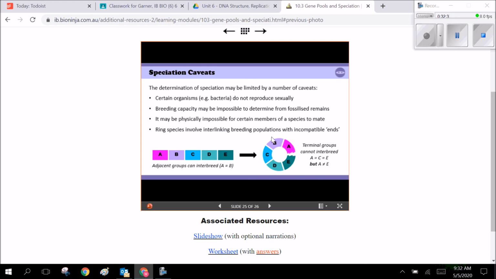They create this population, it speciates from this one, this population speciates from this one, and eventually they kind of loop back around where the end result of all this speciation in these different populations is right next to the original population, and they can no longer interbreed. So really interesting. Which is just incredible, but A and B could breed, B and C could breed, C and D could breed, D and E could breed, but A and E couldn't breed. It's a really fascinating situation.